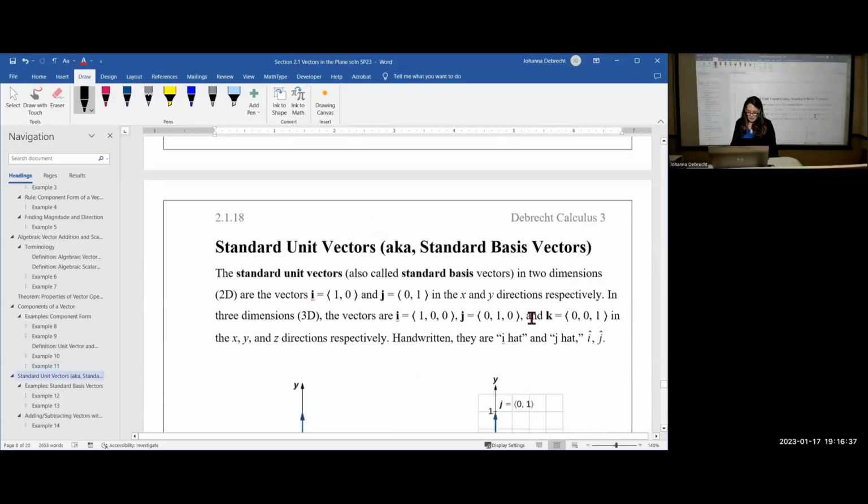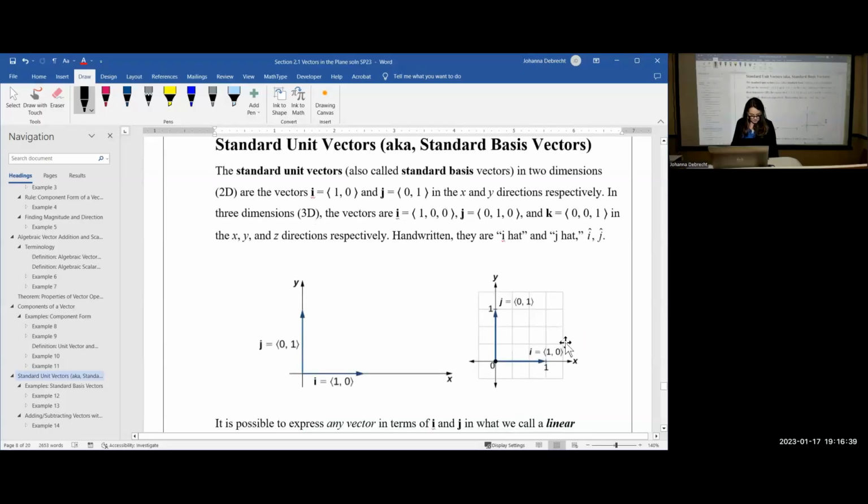Right? Now the next part, pretty much the last thing that we want to talk about, are the standard unit vectors, also called the standard basis vectors. I've done a lot of linear algebra and we tend to call them the standard basis vectors there. So I may slip up and call them the standard basis vectors. They're the standard unit vectors.